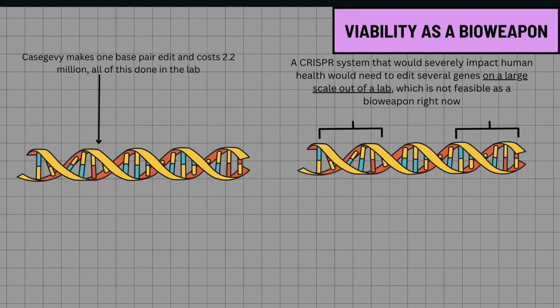A recent sickle cell anemia treatment released to the public would cost around $2.2 million for treatment. This high cost for the development of this CRISPR system to change one gene is simple compared to the CRISPR that would need to change several genes at a time to have bioweapon capabilities. The cost for the production of a system like that right now would be well in the billions.